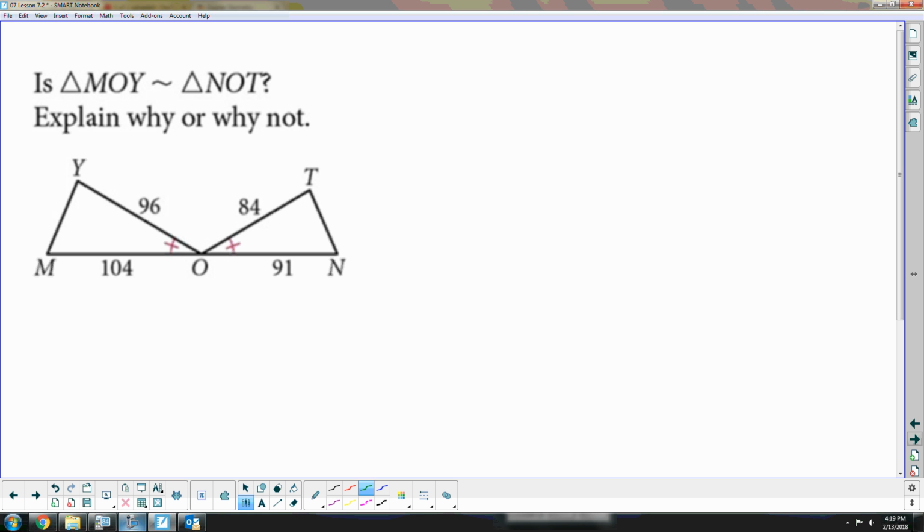So it looks like we have two sides of each triangle and we have an included angle as congruent. Okay, so O is congruent to O. Now let's look at this side and this side. So is 96 to 81, is that ratio equivalent to 104 to 91?